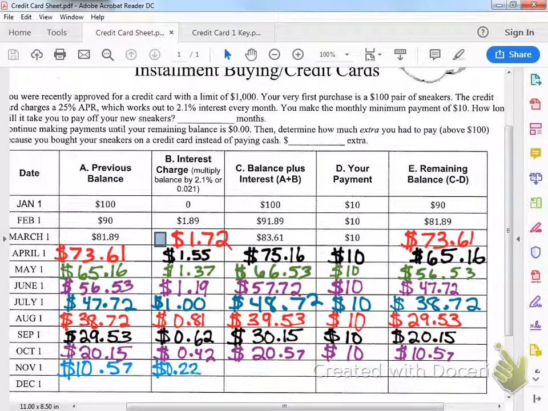Good. Now, add that to $10.57. $10.79. Now, realistically, you'd probably just send in $10.79 at this point. You'd spend the extra 79 cents and be done with it.